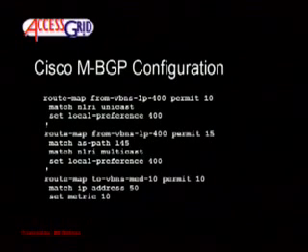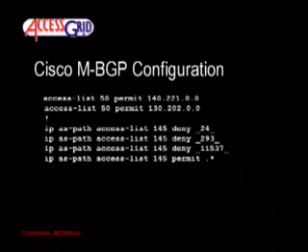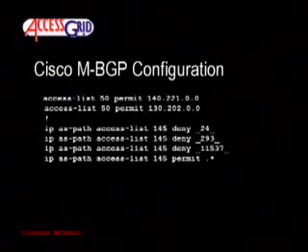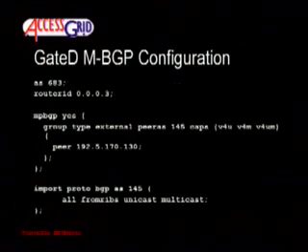You can set different MEDs or local weights or local prefs, whatever you want to do. Access list 50 is the list of prefixes I used in the earlier config, and here's a prefix list again that I used in the route map. These slides are in the talks also, we'll skip by them.